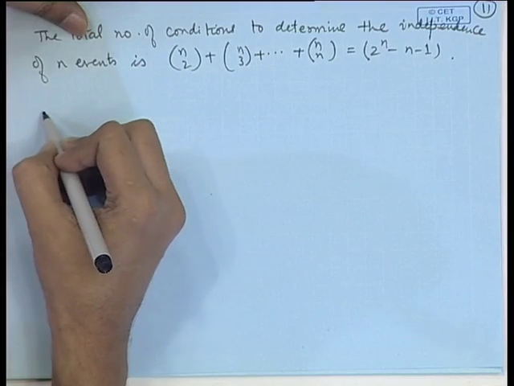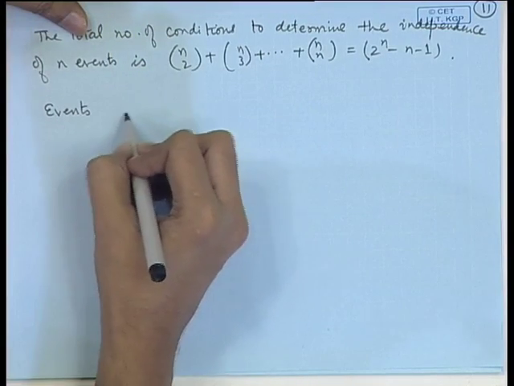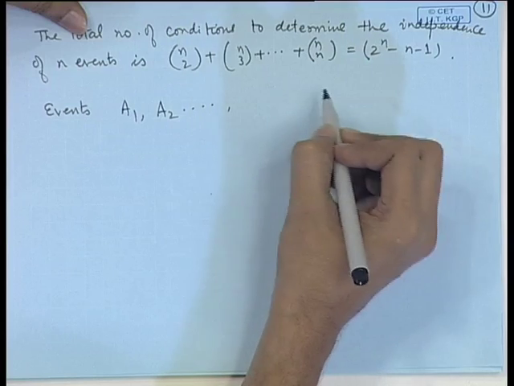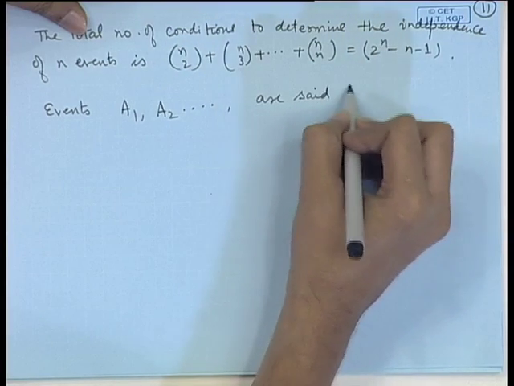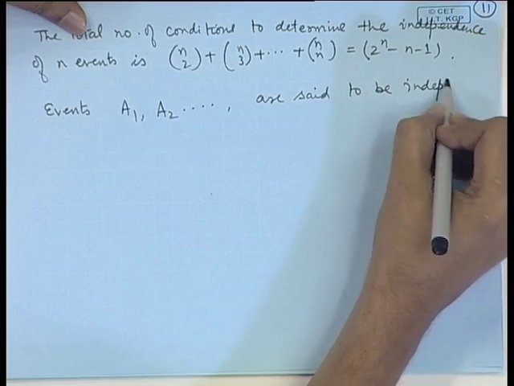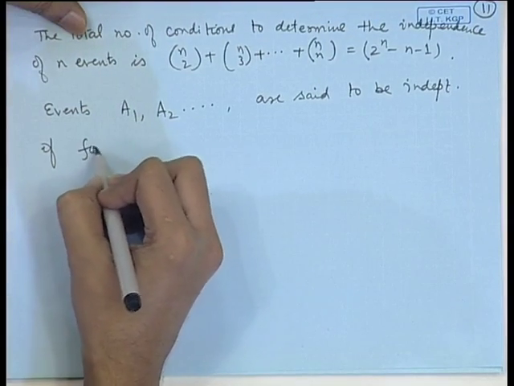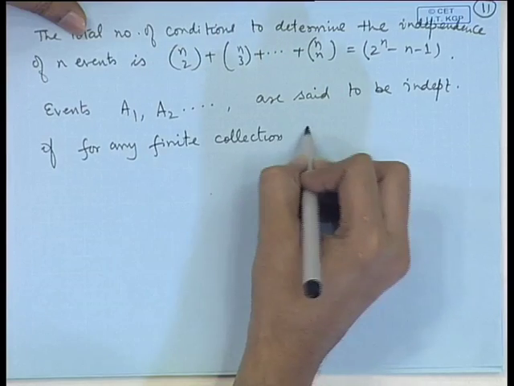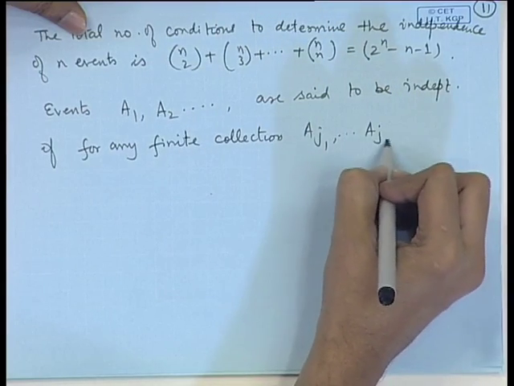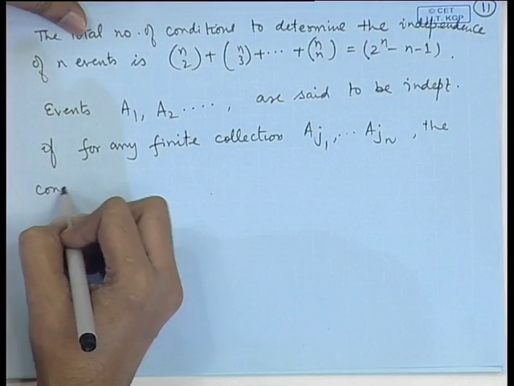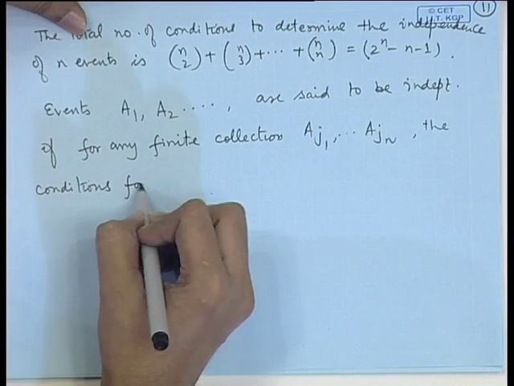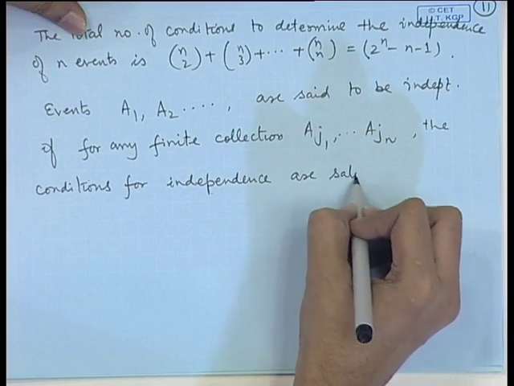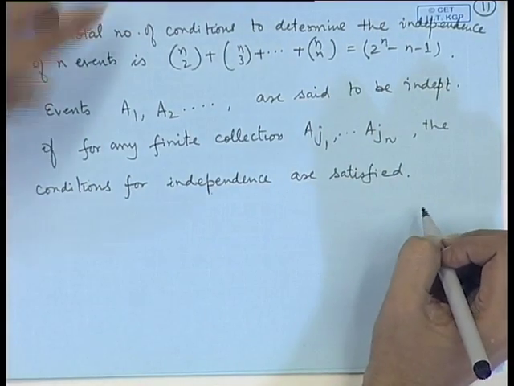So, we define events A1, A2 and so on, where the indexes belong to some set, to be independent if for any finite collection, let me call it A_j1, A_j2, ..., A_jn, the conditions for independence are satisfied.